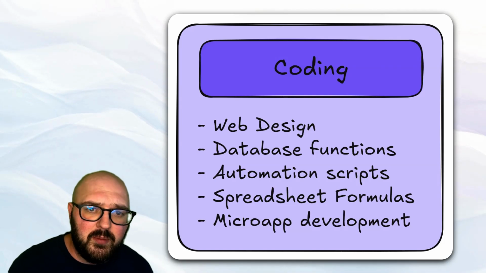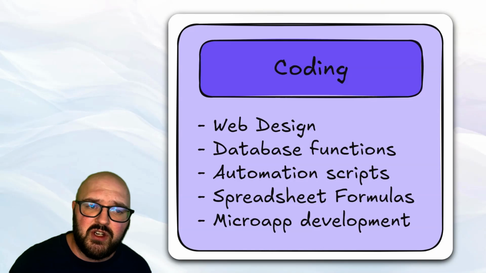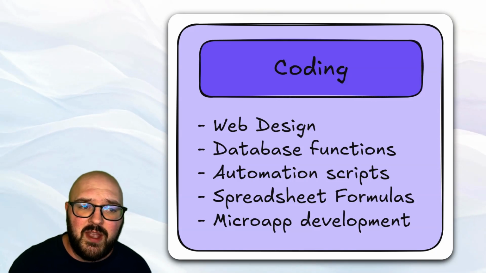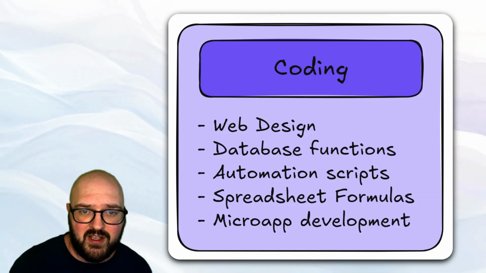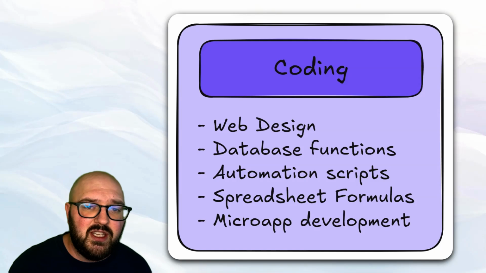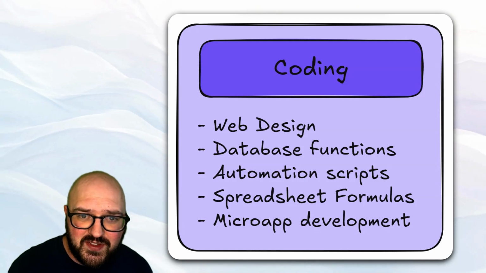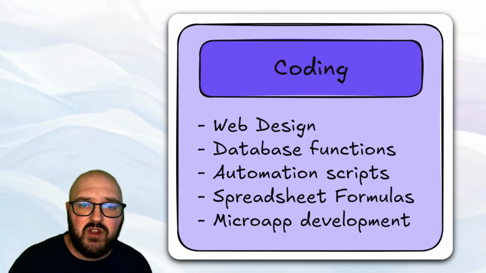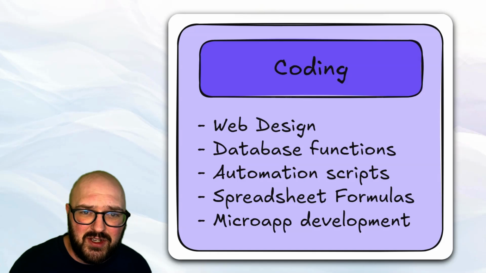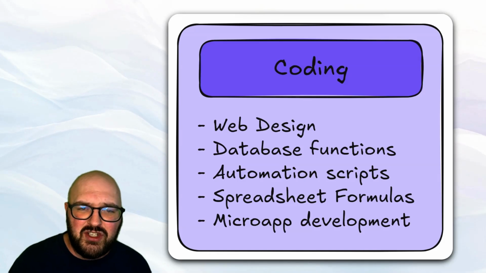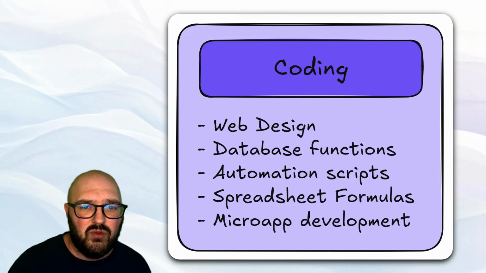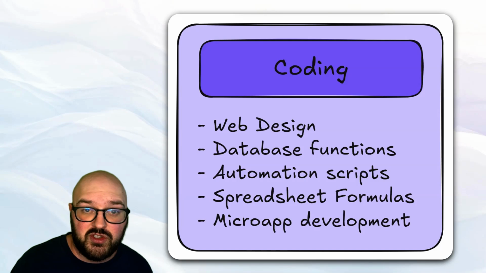The two that are probably most relevant to you, especially if you're in the Google ecosystem, are automation scripts and spreadsheet formulas. Google is really good with what are called app scripts, where you can just do these little chunks of code that can do pretty much whatever you want and make little extensions or micro apps right inside of a Google spreadsheet.